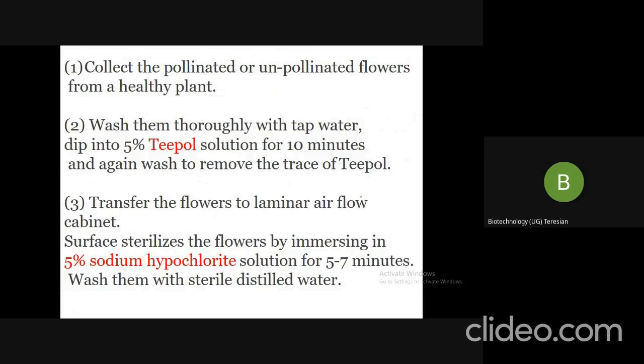Therefore, this problem is sorted out. How? Long flower stalks are taken and inserted into an aseptic nutrient media. So they are immersed in the aseptic nutrient media in one of the vials.